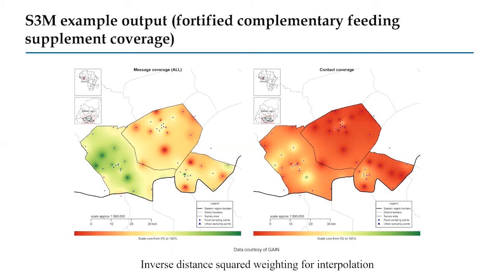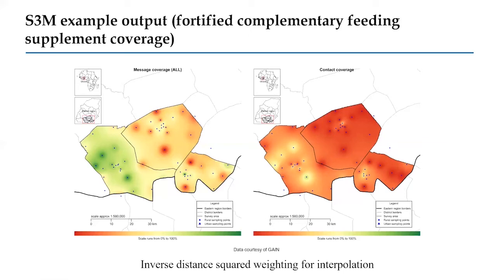We've moved away from this to using an inverse distance weighting where the power used in the weighting is detected by a validation exercise. We take away one of the sampling points, and then we calculate what weighting power gives us the right answer.